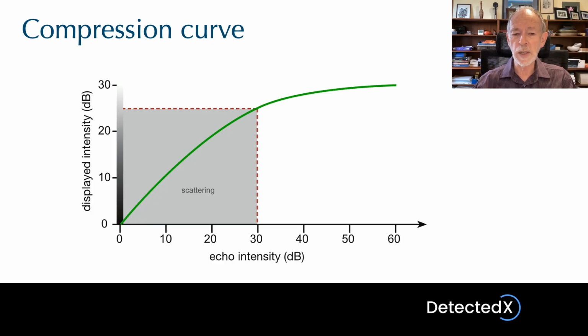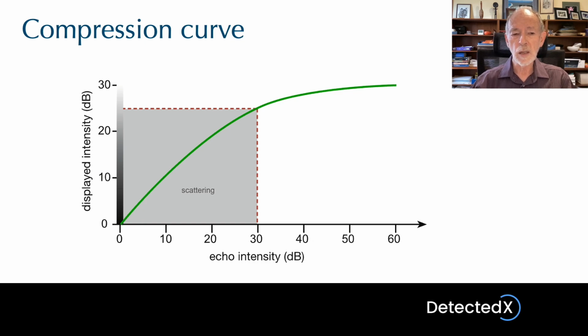So 0 dB on the horizontal axis would be the weakest detectable echo. And then the 60 dB point would be an echo 60 dB stronger than that weakest echo, so 1,000,000 times stronger in intensity than that weakest echo. On the vertical axis, again, 0 is the weakest non-black value that we can see on the screen, and the 30 decibel point would be white.